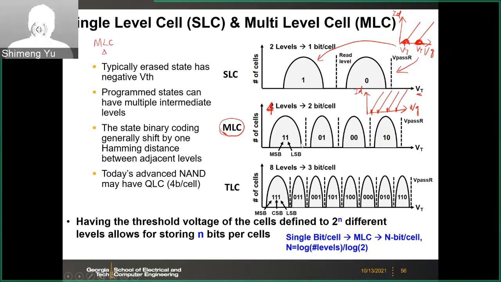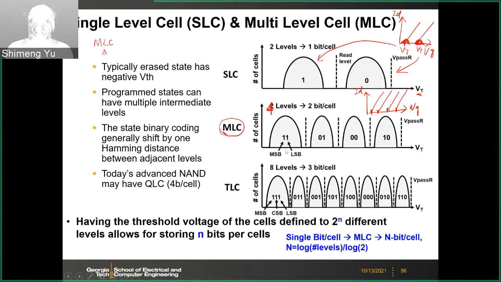And one more thing I want to emphasize is the encoding of those levels. For the 4 levels, 2 bit per cell, this is one of the typical encoding methods. You look at those 4 levels, and you need to assign 11, 01, 00, 10. So let me ask the question.